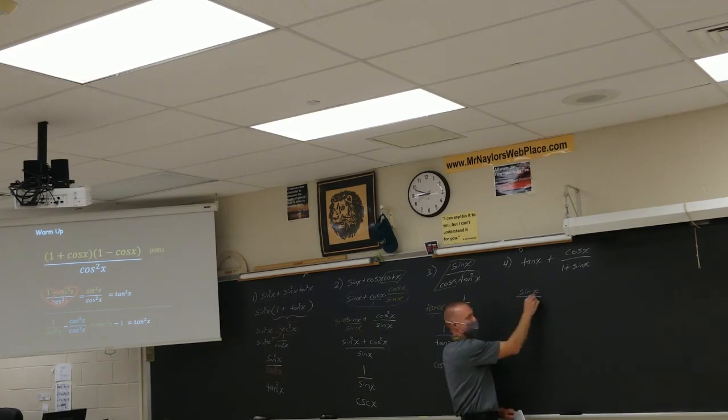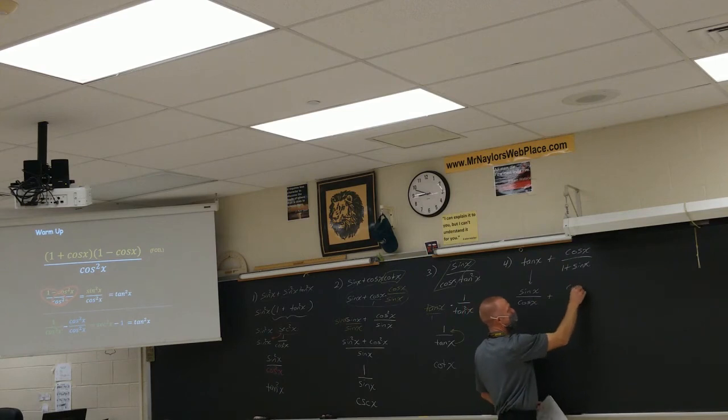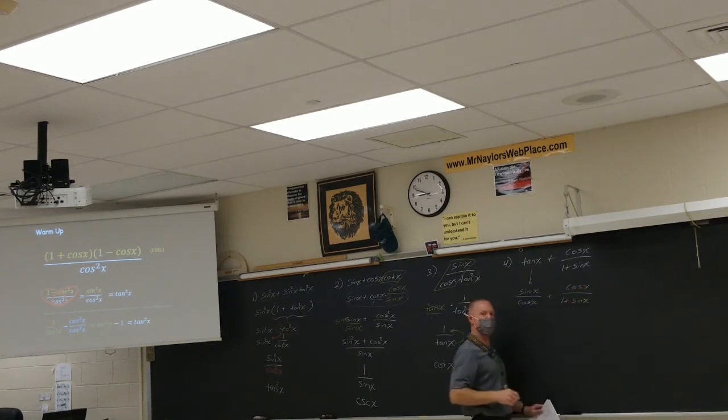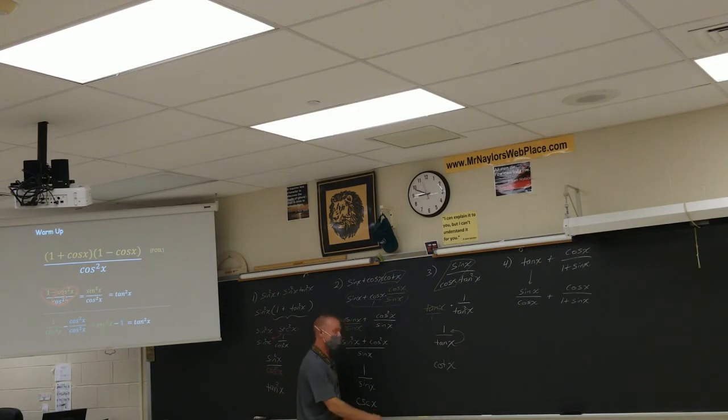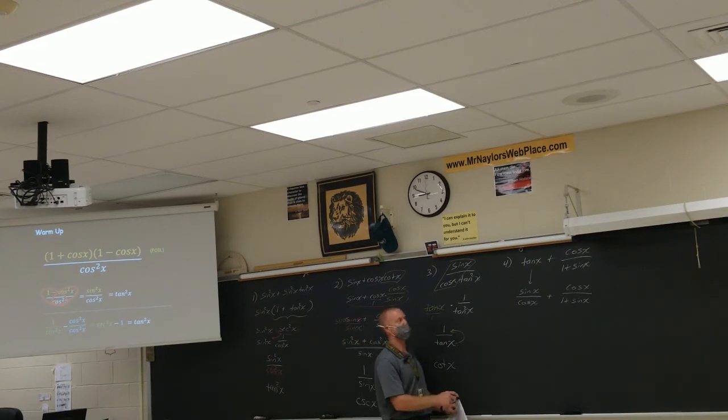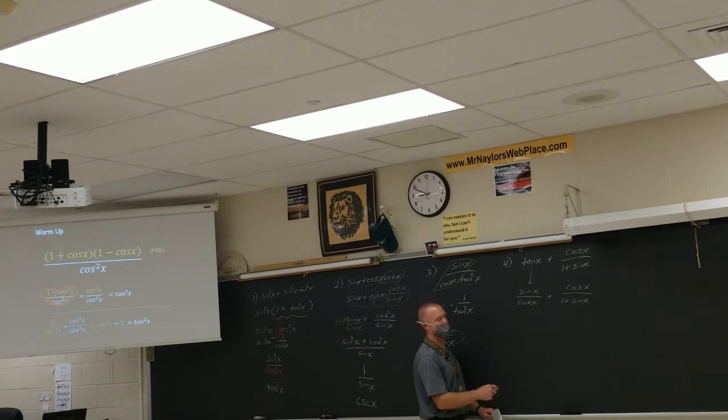So I understand if last night you didn't do this, but I need you to think about this problem as common denominators, because there are 2 fractions being added. Okay, so let's go down the common denominator path.